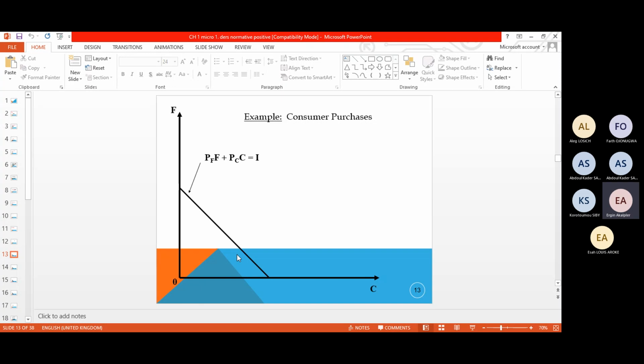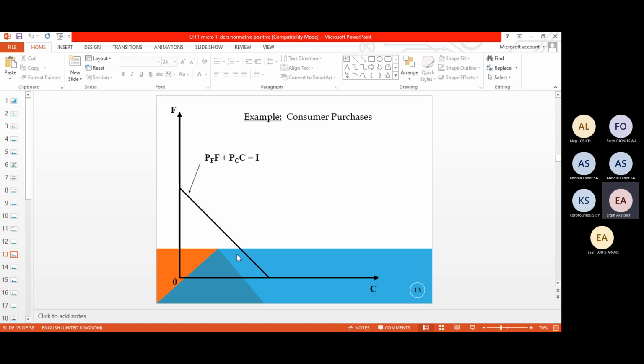Then when we put the example on the graph, the budget constraint will be represented as a linear equation, a line, as it is given here. On the vertical axis, we put the food, and on the x-axis, we put the clothing.